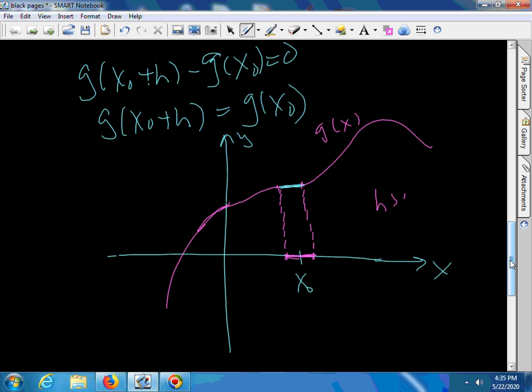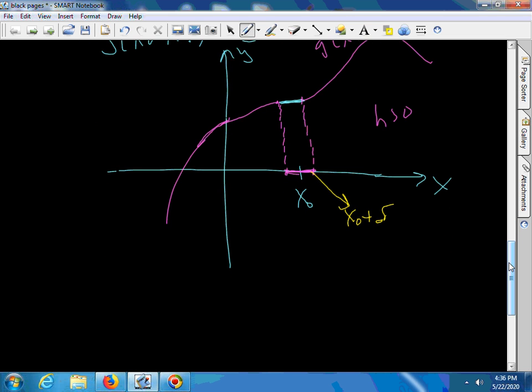Let's just assume that h is positive. Now, if this x right there is x0 plus delta, we have a problem. We have a problem when h is less than delta. The proof just blows up.